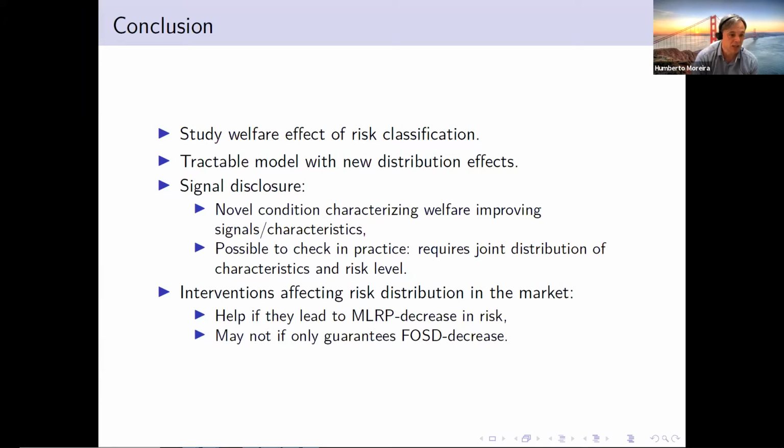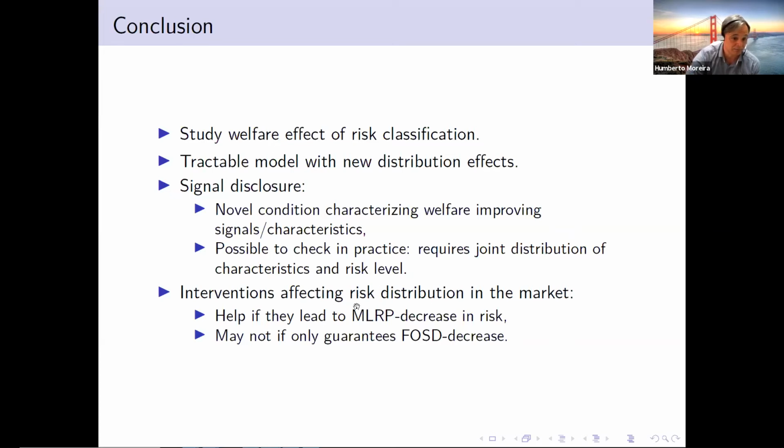And we do this novel exercise in terms of signal disclosure, showing that novel conditions characterize welfare improving signals: exactly when we have a welfare improving signal structure, when it's good or not to have release of information about some demographic characteristics of the agents.